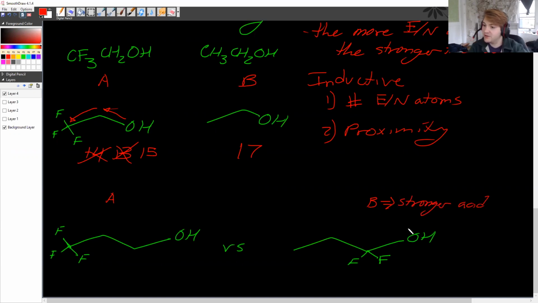Why? Because it's closer. Less distance for these negative charges to have to travel. And that should make sense. So if you have more electronegative atoms and they're closer, you're going to be dropping that pKa super low.